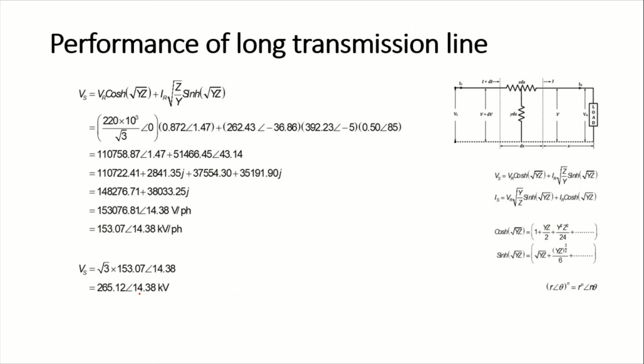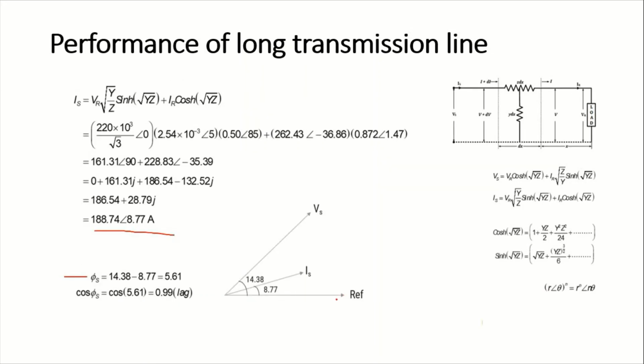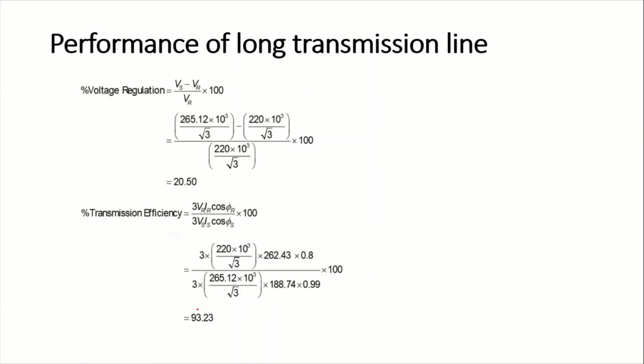For Vs the angle is 14.38, and for Is the angle is 8.77 with reference. The difference between these two angles, 14.38 and 8.77, is the angle phi s, and the sending end power factor cos phi s is equal to cos 5.61 and it is 0.99 lagging.